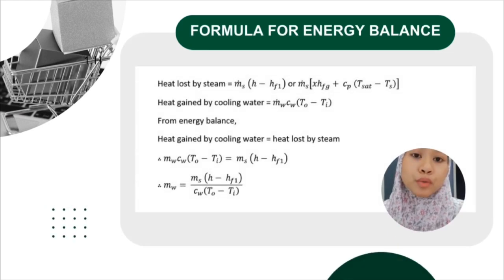Okay, next, the formula for energy balance. As you can see, this is the formula for energy balance. Heat loss by steam, heat gained by cooling water. Heat gained by cooling water equals heat loss by steam.